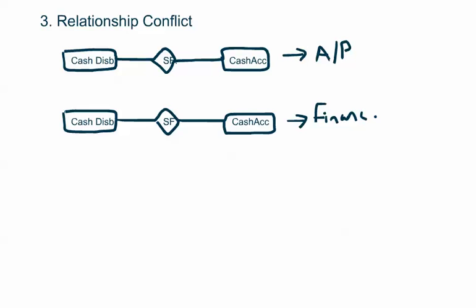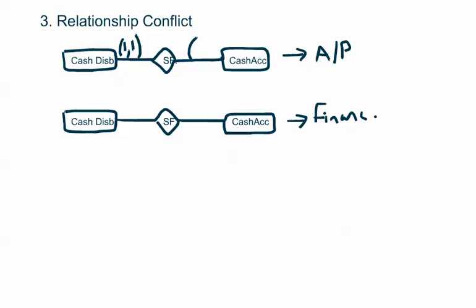Now you can have the situation where a team that worked on acquisition and payment decided that this relationship must have the following cardinalities. A cash disbursement must go into a cash account, and it can only go into one cash account.